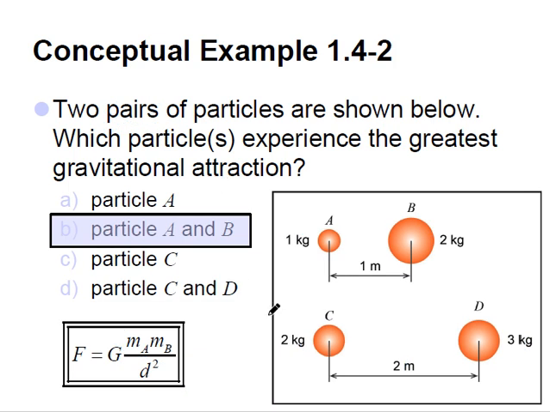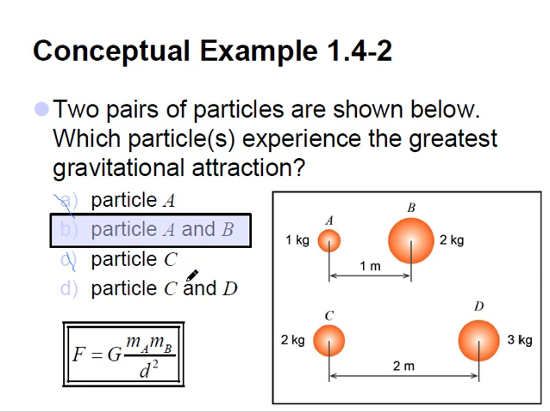All right, the next problem you have is again a pair of particles: 1 kilogram and 2 kilogram masses 1 meter apart, and 2 kilogram and 3 kilogram masses 2 meters apart. We have to compare the gravitational attraction between them. We get rid of this right away, because for gravitational attraction we are thinking about two particles, not just one.